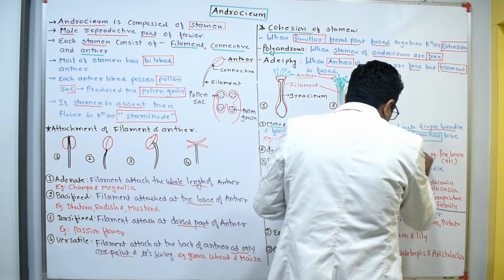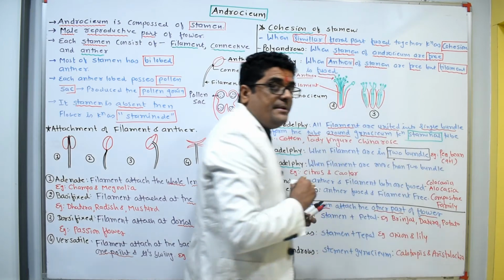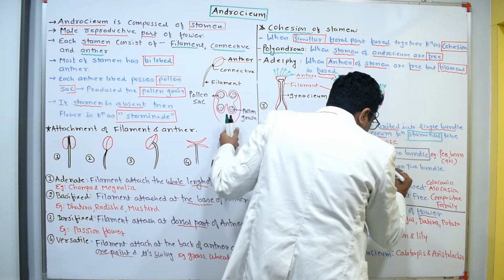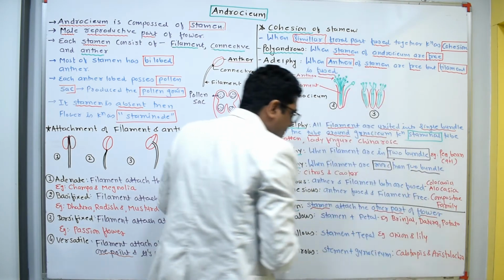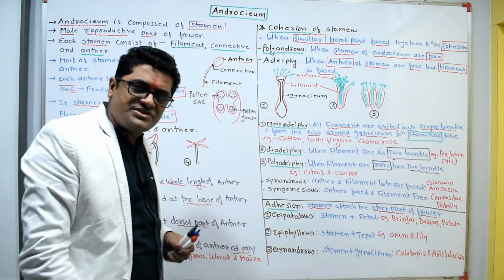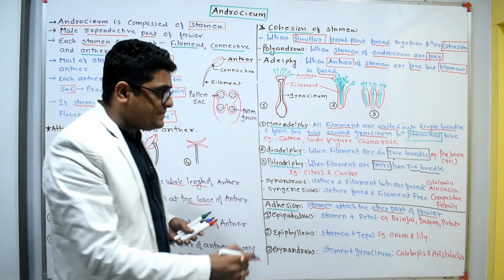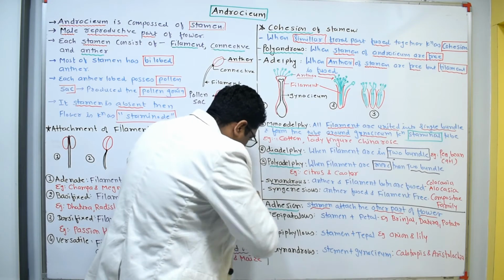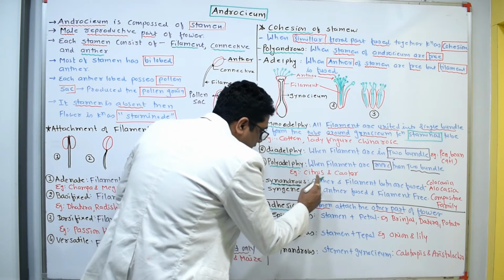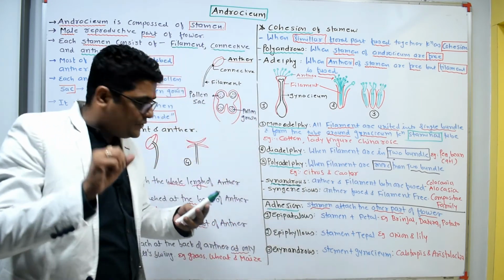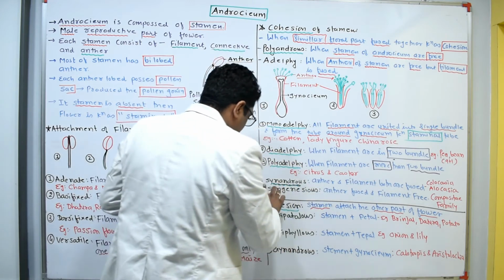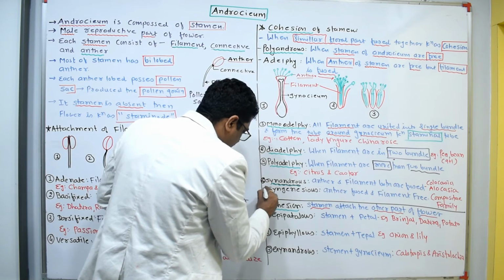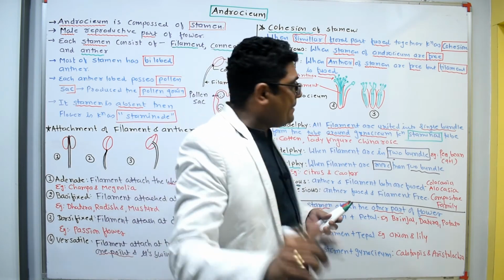Now synandrous, बेटा, ये बहुत इंपॉर्टेंट वर्ड है बेटा, synandrous का मतलब anther and filament both are fused. Okay, इसको मैं 4 नंबर दूँ बेटा. तो यहां क्या होगा बेटा, suppose this is the anther, 1 anther, 2 anther, 3 anther, 4 anther, और सबका फिलामेंट भी बेटा क्या है, fused. So anther and filament both are fused.